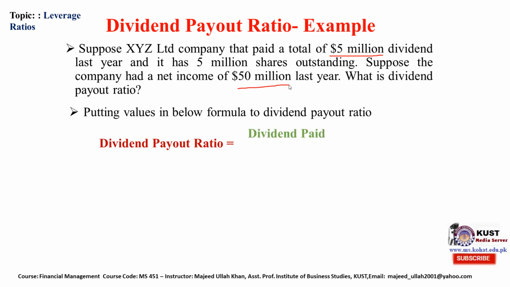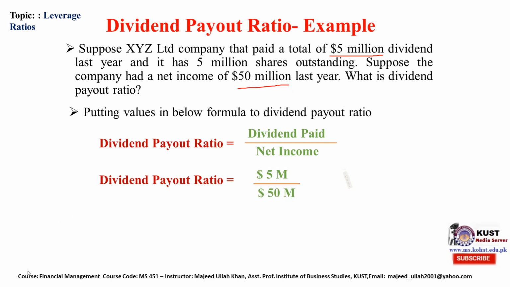Dividend payout ratio is equal to dividend paid divided by net income. So dividend payout ratio is equal to 5 million, that is dividend paid, divided by 50 million, which is equal to 0.10 or 10%. This 5 million is dividend paid.